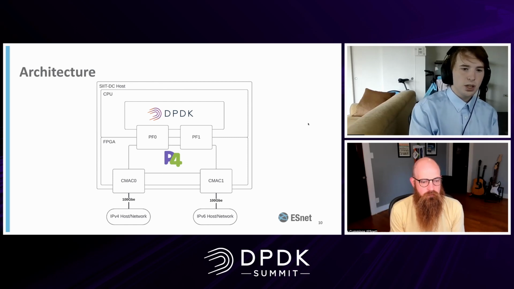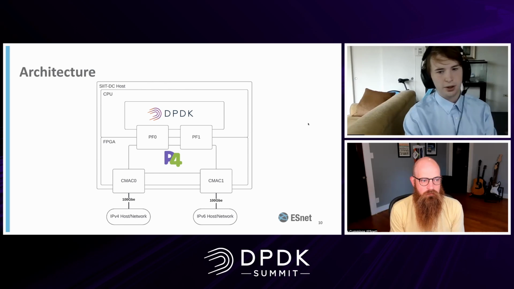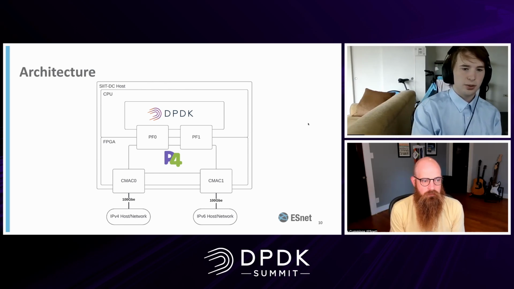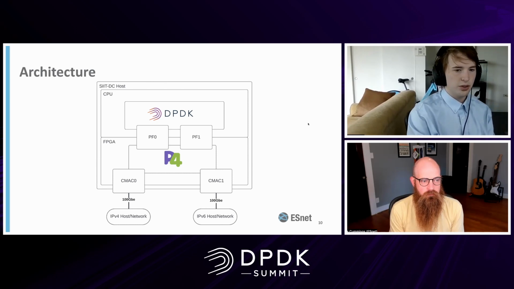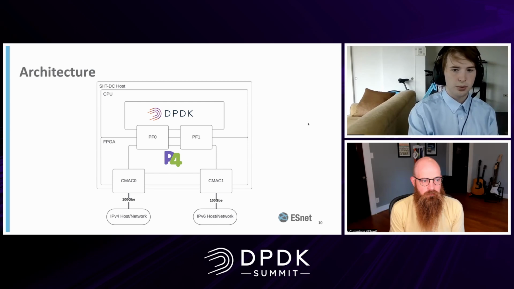So Chris was talking a little bit about why it's important that our application was stateless, and this will actually explain a little bit of why we architected it like this. The way the ESnet SmartNIC framework was when we started, it was pretty hard to include state within your P4 programs.